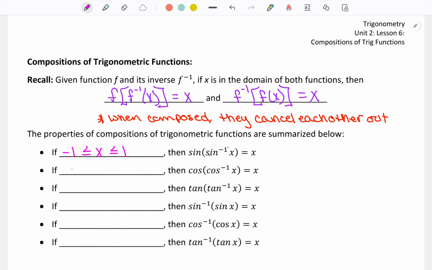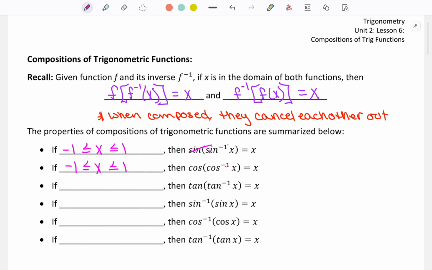And if -1 is less than or equal to x, which is less than or equal to 1, then the cosine of the arccosine of x is going to equal x. So these will cancel each other. And if negative infinity is less than or equal to x, which is less than or equal to positive infinity, then the tangent of the arctangent of x will equal x.